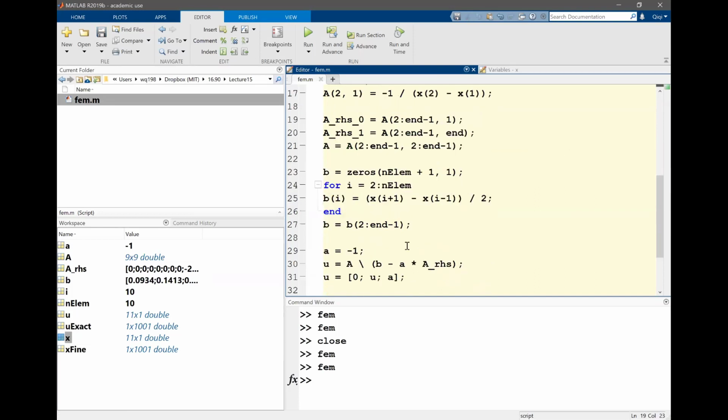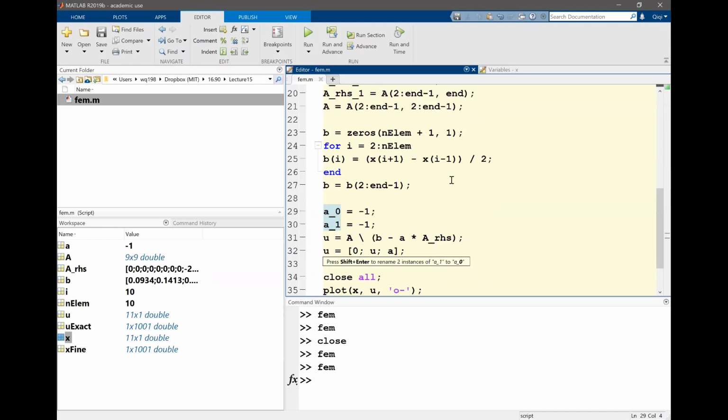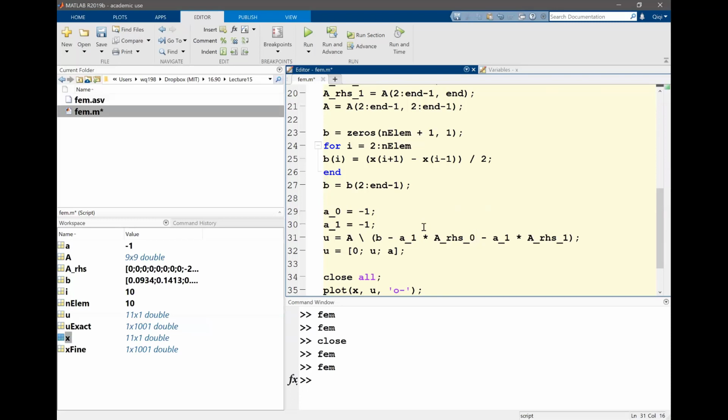Okay, so let's also call the right-hand side, so sorry, a1 and a0. So let's also make it -1 to see how we do. And we have a1 times a right-hand side 1, and we also have another term that is a0 times a right-hand side 0.